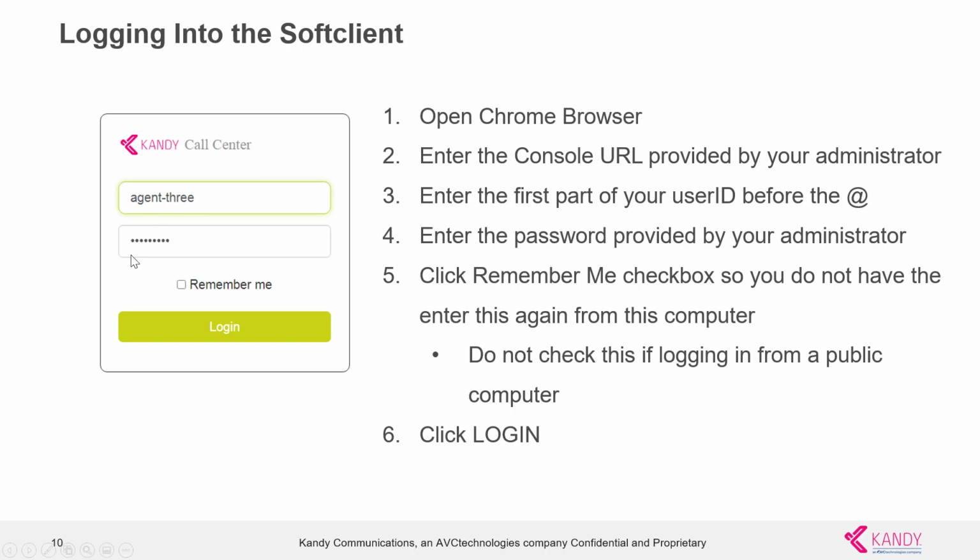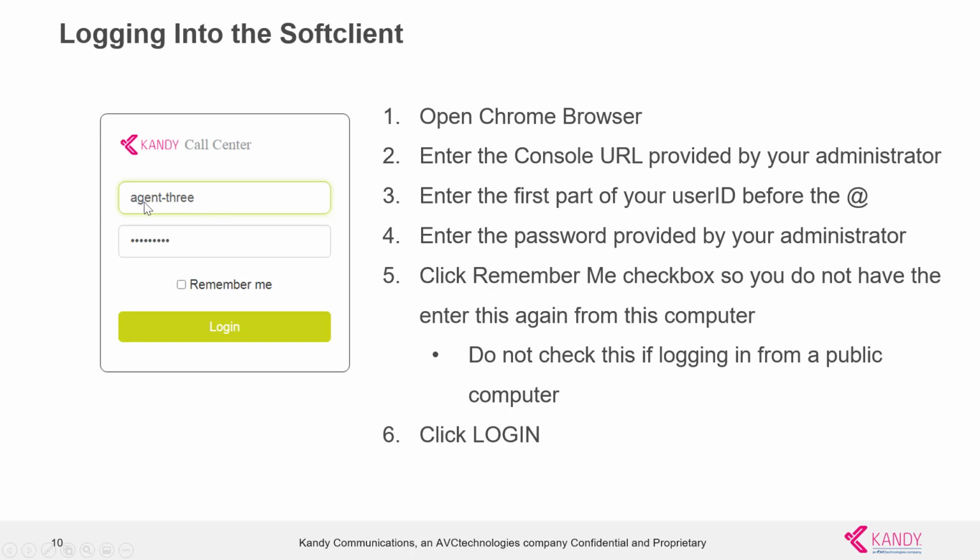And then you will also be provided with a password. If you are using both the phone and the Softclient, your user ID more than likely will be numbers. If you're only using the Softclient, you may have alphabet login. You will not use the @domain.com or .net part of your user ID.